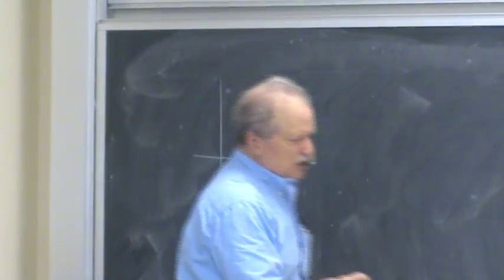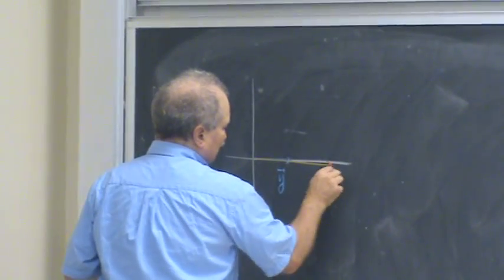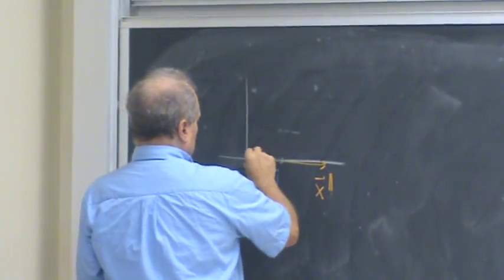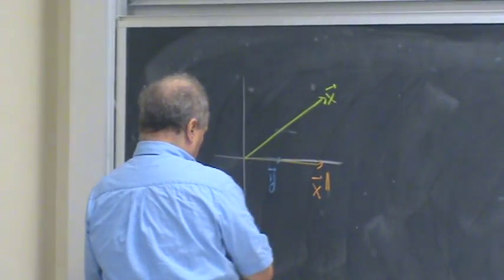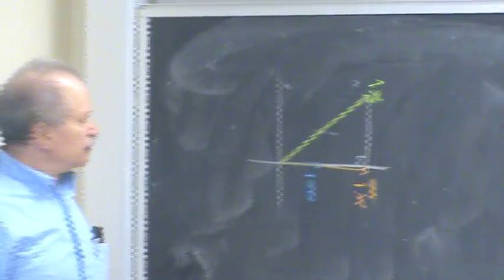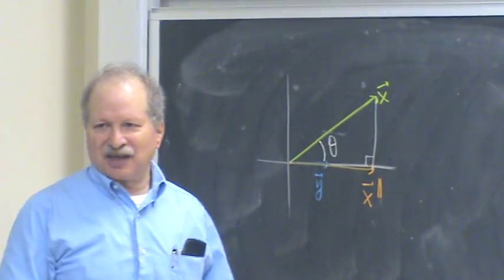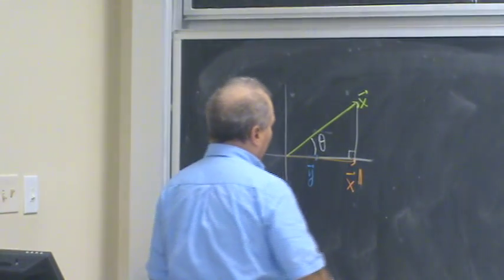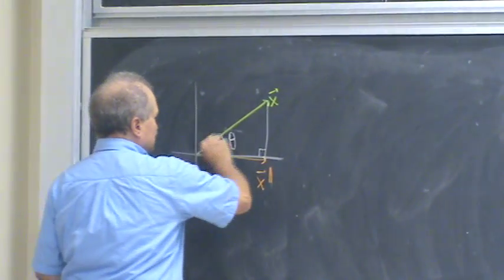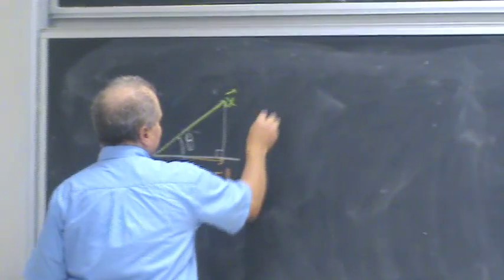I've got my orange vector x parallel. And I've got x. And I've got myself a right triangle here. So, for good measure, put in a theta. And what do I have? Well, I know x parallel, and I know x. So what trig function relates those? Cosine.